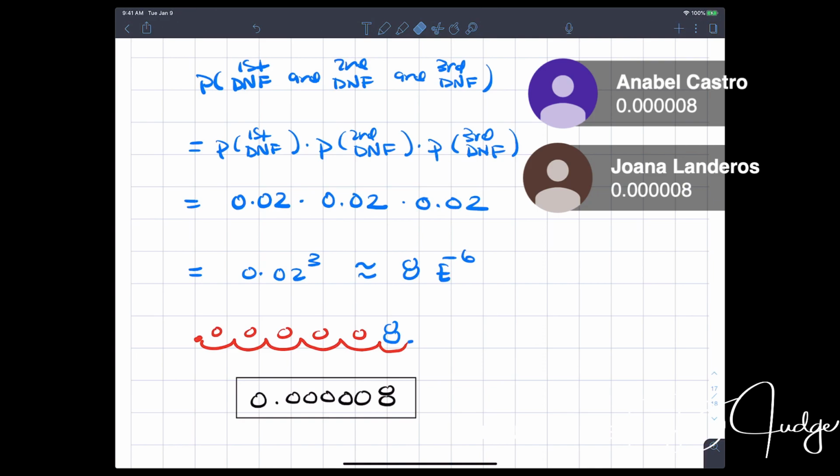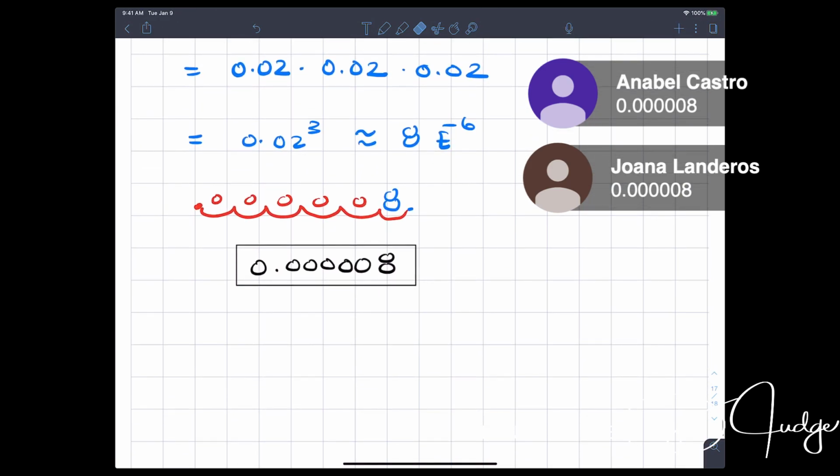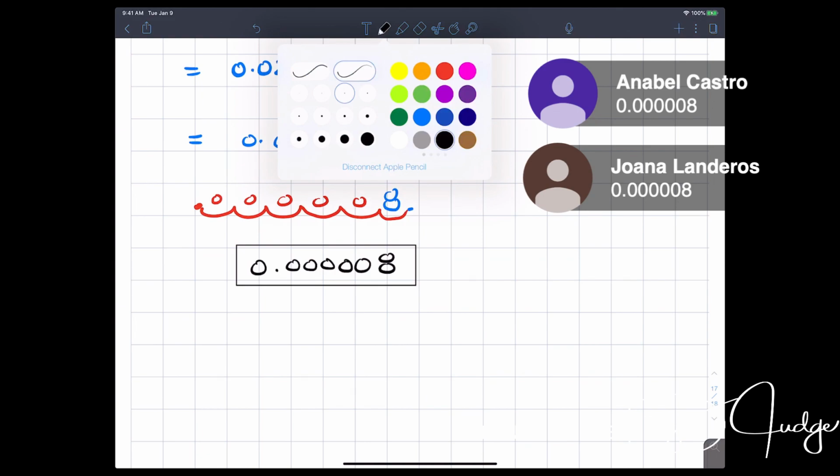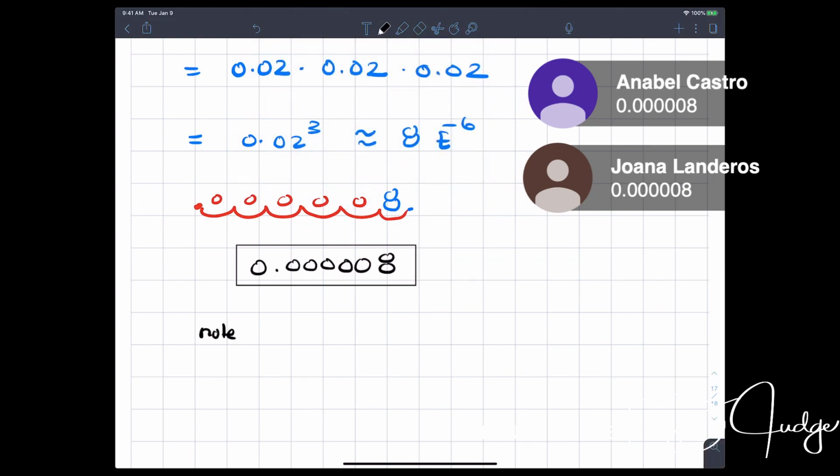How about if we do this? Let's do another note. Same example. Let's do 5 alarm clocks. Can you guys generalize now?